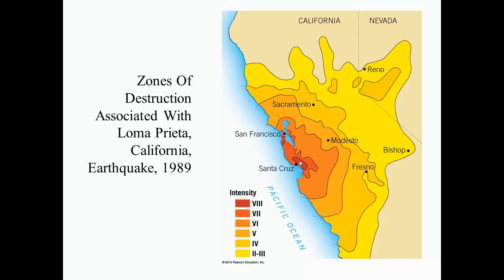Here's a map of intensity resulting from the Loma Prieta earthquake in California back in 1989. The epicenter occurred just to the east of Santa Cruz. If you look at the color scale, the maximum intensity is assigned the intensity of 8, which occurs directly around Santa Cruz.